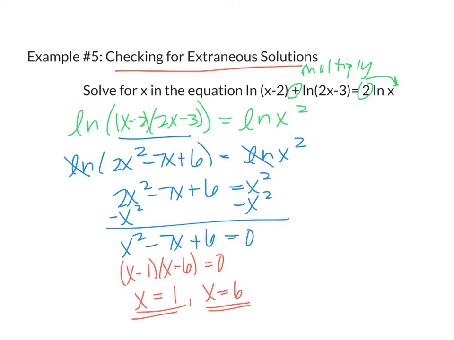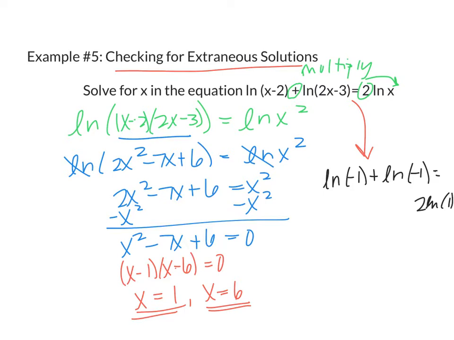So for example, if I tried to substitute 1 back into this equation, that means I would have the natural log of 1 minus 2, which is negative 1, plus the natural log of 2 times 1, which is 2, and then 2 minus 3, which is also negative 1, equal to 2 times the natural log of 1.